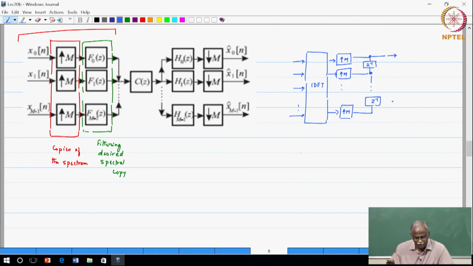Yesterday we labeled them as S0, a symbol S0, symbol S1, a symbol SM-1. Now, just so that we are able to get the timing also correctly, please label them as n. So, at time index n equal to 0, you get a vector.